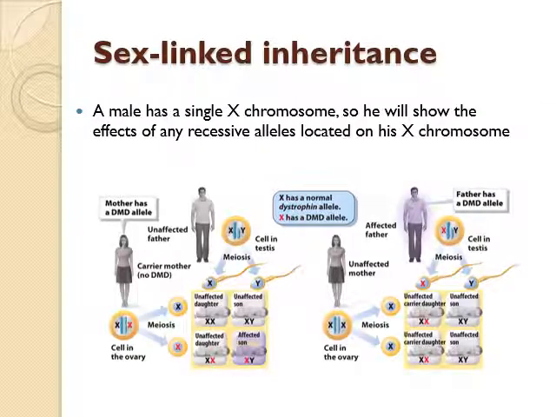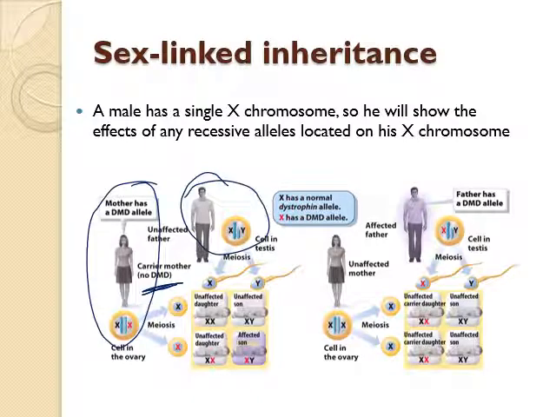Okay. So again, because a male has a single X chromosome, he shows the effects of any recessive alleles located on his X chromosome. So say we have a mom with a DMD allele. She's normal, she's unaffected, but she is a carrier, okay? So she still has that DMD allele, so she has a chance to pass it on, whereas dad is unaffected, doesn't have a chance to pass it on, okay?